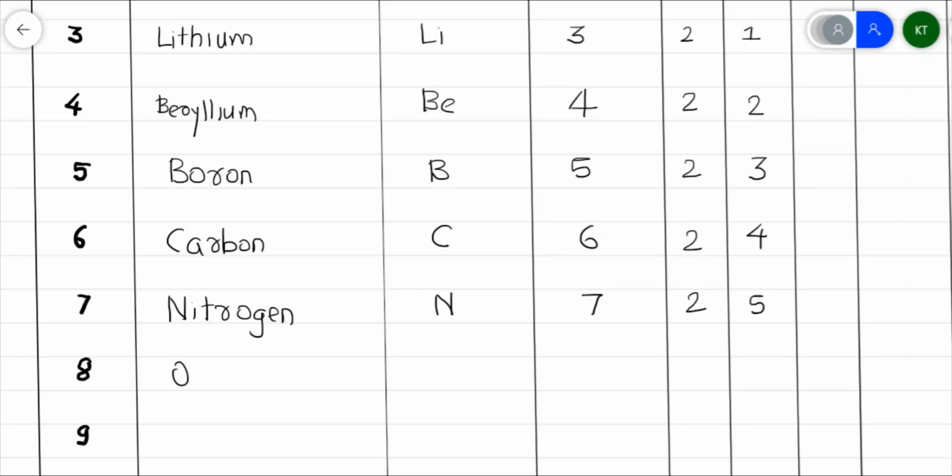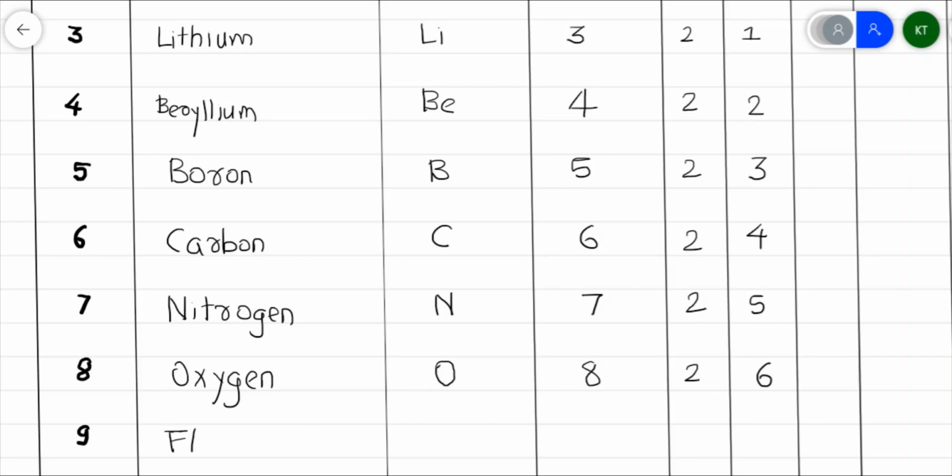The next element is oxygen, one of the most important elements for life. It has atomic number 8. In the electronic configuration, the first shell has 2 electrons and the next shell 8 minus 2, that is 6.